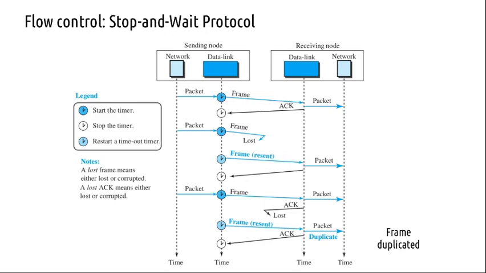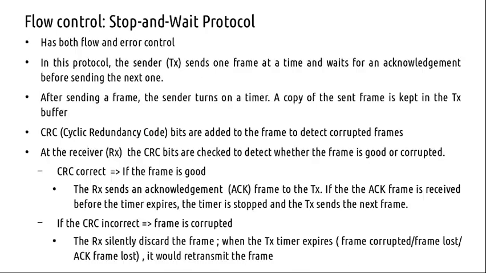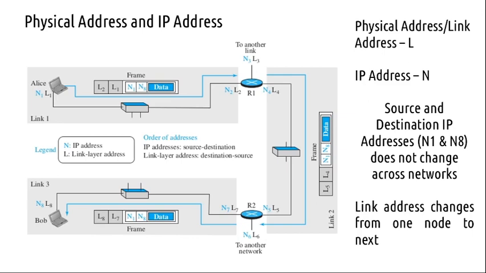The nodes could be part of the same network, or it could be a node in a network and a router. We saw a figure like this earlier: this is a network and it is connecting to its router. That can also be possible.